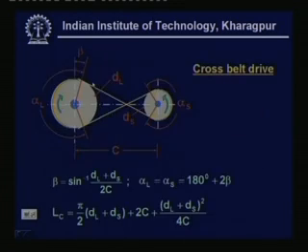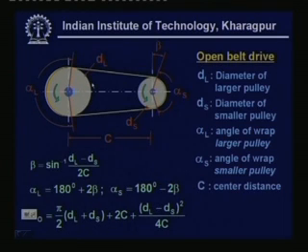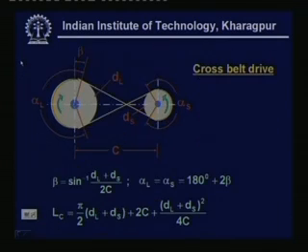Now, if you look at the open belt drive, one situation you can see is that the direction of rotation of the pulley, if we consider in this direction, then the other pulley also moves in the same direction, meaning if it is rotating from the top in an anti-clockwise rotation, then this is also having an anti-clockwise rotation. And secondly, if we go for the cross belt drive, you can see the direction of rotation is changing. If it is anti-clockwise, this gives a clockwise rotation.